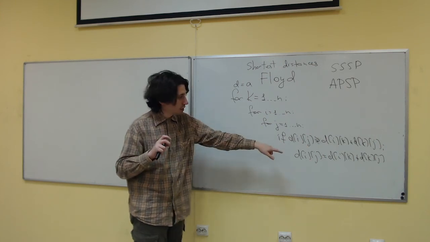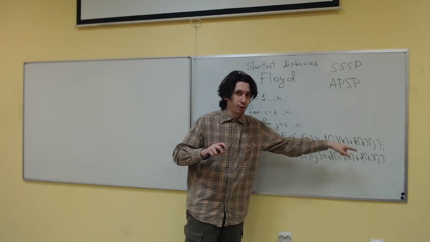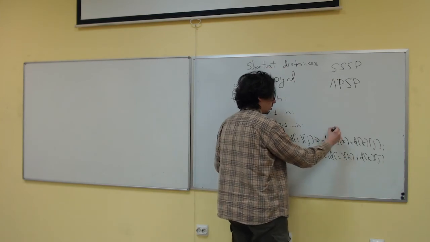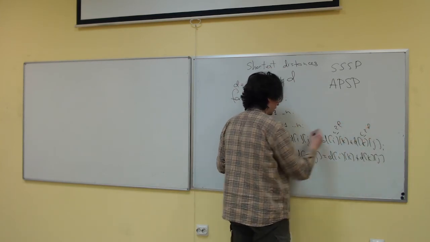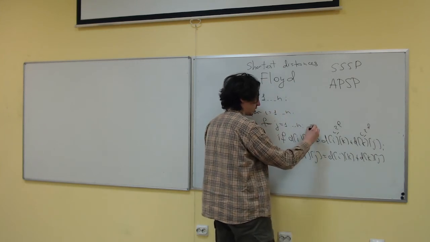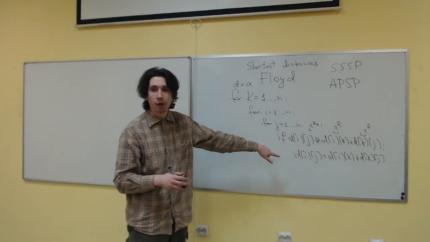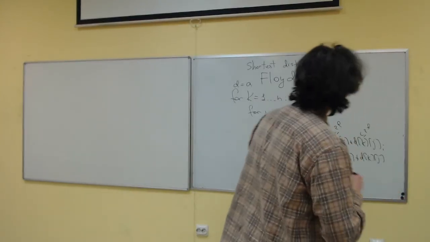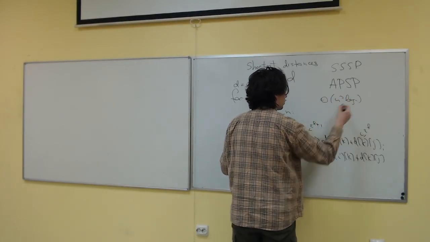Because each time we kind of double the number of edges. This one is less than 2 to the power of L, this one is 2 to the power of L, then this one is 2 to the power of L plus 1. The new one. But why? Your total complexity will be n cubed log n, which is not very nice.